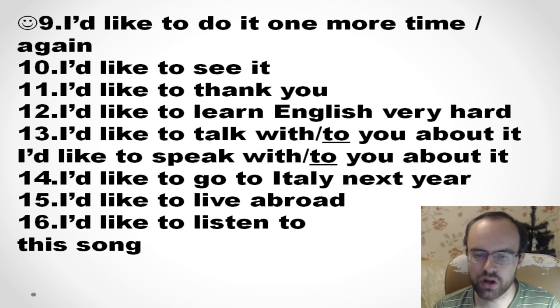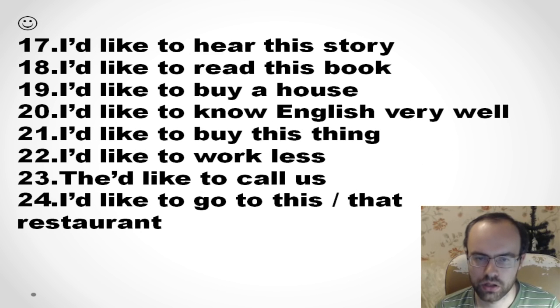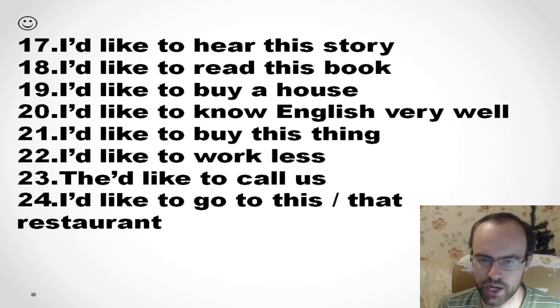I'd like to go to Italy next year. I'd like to live abroad. I'd like to listen to this song. I'd like to hear this story. I'd like to read this book. I'd like to buy a house.